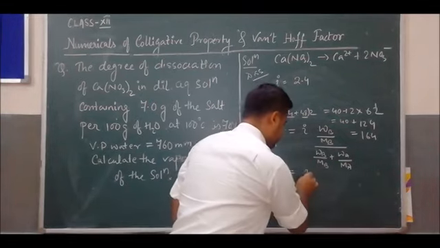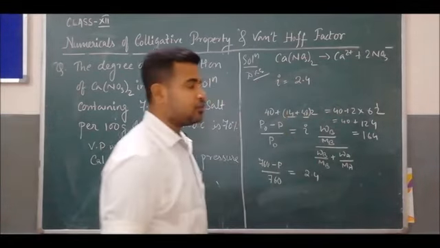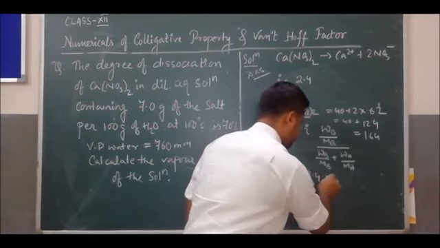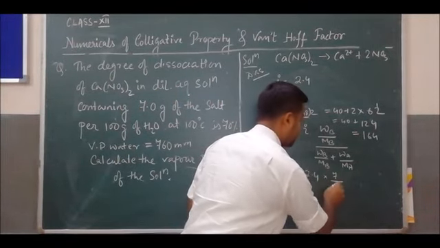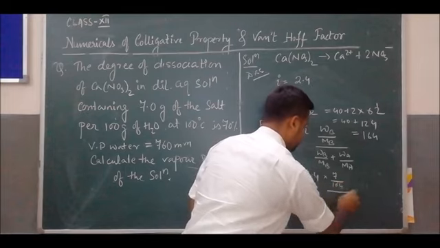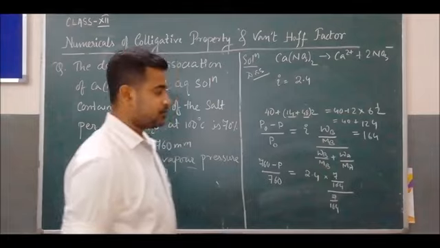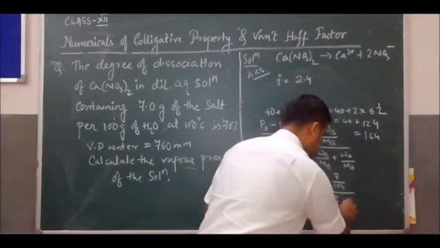So 2.4, WB is 7 gram, 7 by 164 divided by (7 by 164 plus water).